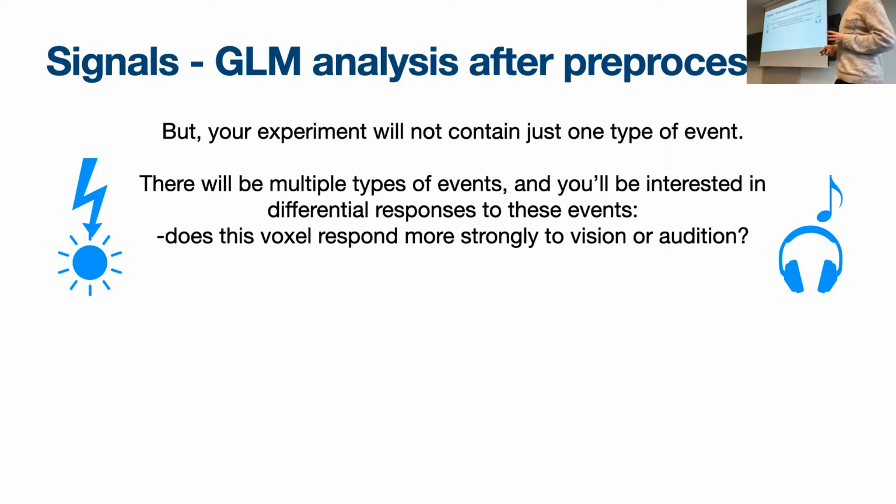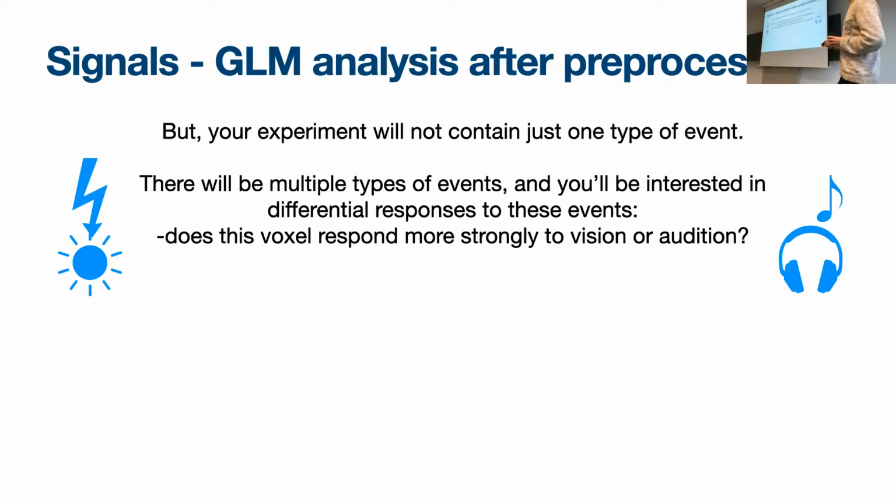We put someone in the scanner, and at some points in time we showed them a light flashing, and at other points in time we sounded a beep or something like a sound over the headphones in the scanner. So it's a very simple experiment. Sometimes there's visual input, and sometimes there is auditory input. Nothing more.